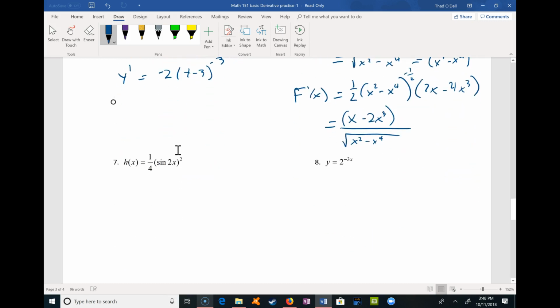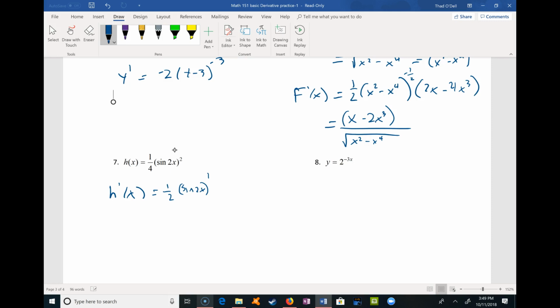Okay, and here's another chain rule. So I think of this first as 1/4 u squared. So the derivative of that would be 1/2 something to the first, and that something is sine of 2x.